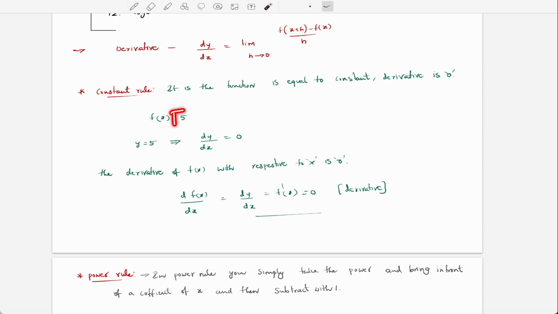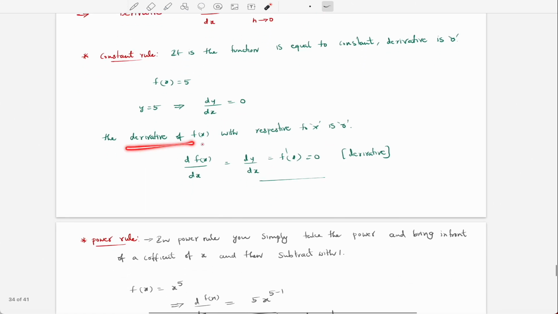So if you find the derivative of this function, f of x is equal to 5, then our answer becomes 0. There is no x to find a derivative of that function. If you have any, then we can simply do the calculations and get our derivative. But here we have a constant, so it is equal to 0, right?